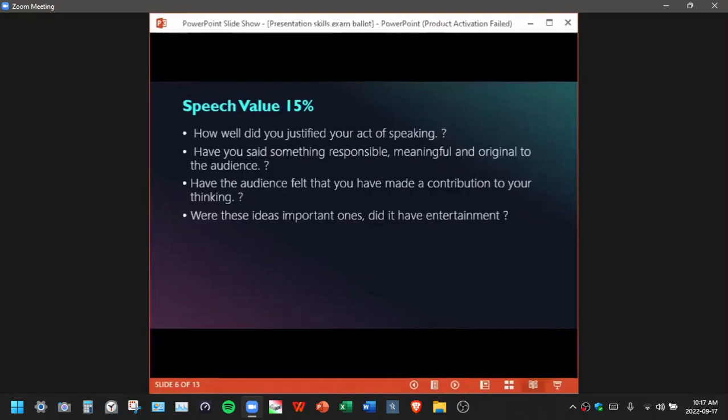And for the speech value, you will get 15 marks. It's about how well you can justify the act of your presentation and whether you said something responsible, meaningful, and original to the audience.